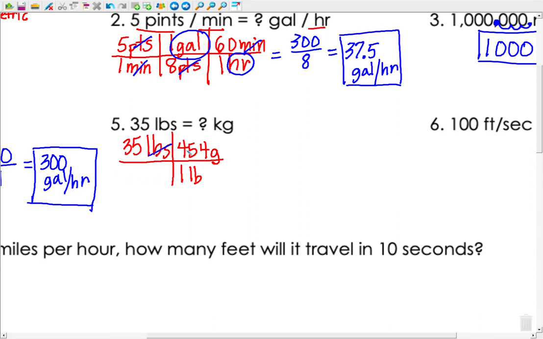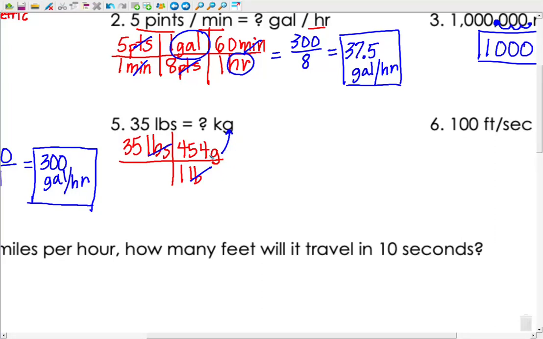I'm done with pounds, but I need to get rid of my grams. So I've got 2 options. Either I can write how many grams are in a kilogram and continue my chart, or I can stop right here and change my grams to kilograms. Because I know if I'm moving in metrics, if I want to go from grams to kilograms, I'm simply moving my decimal 3 places to the left.